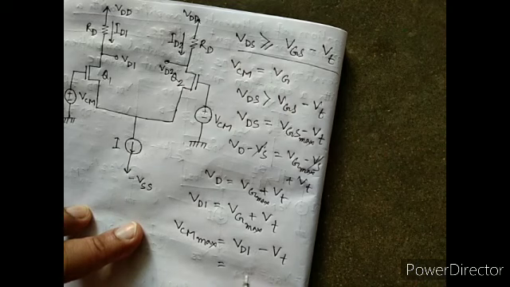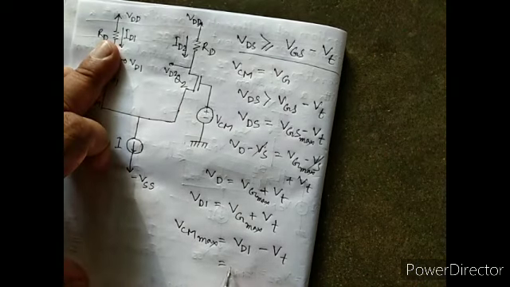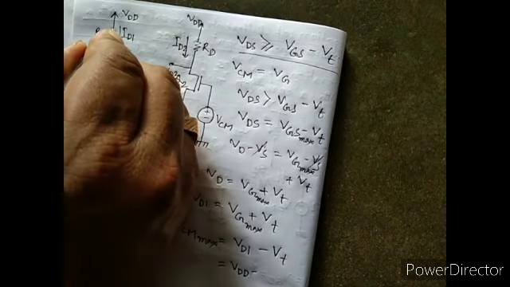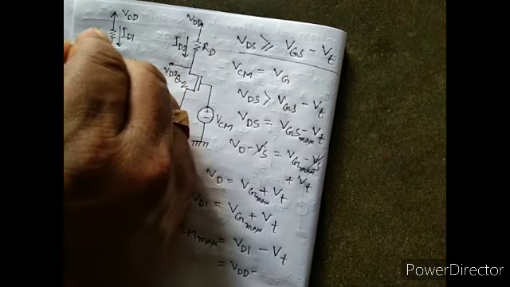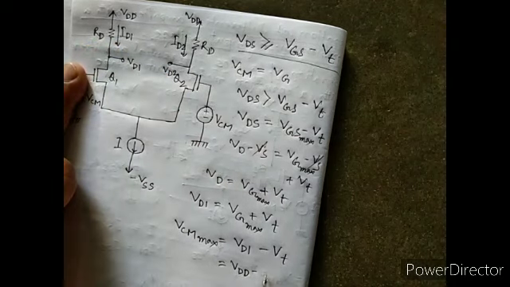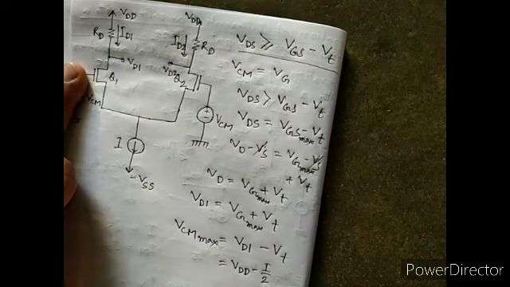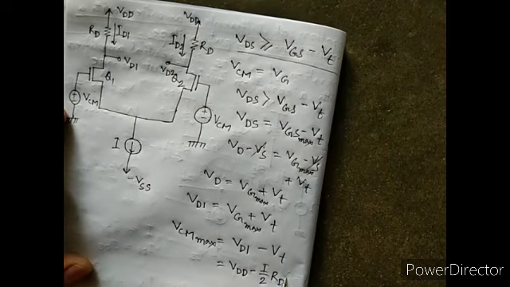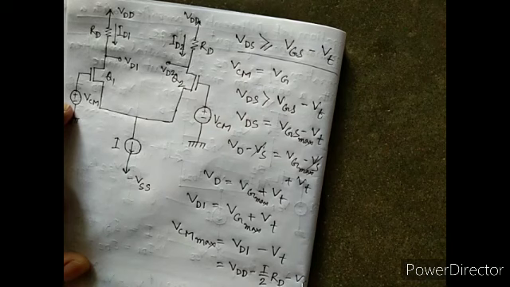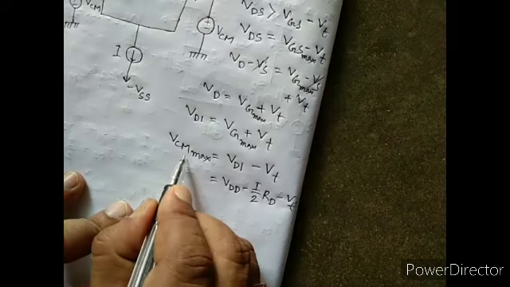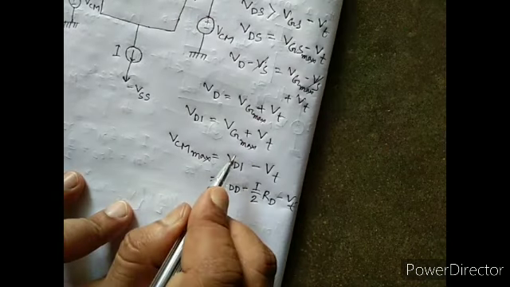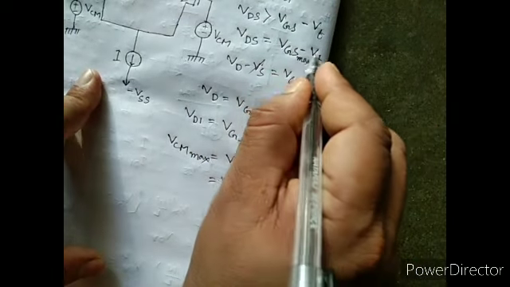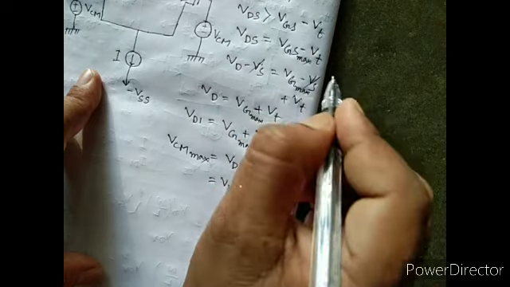We have seen that VD1 equals VDD minus the drop across this RD, that is I by 2 into RD, minus VT. Okay, sorry, this is VGS minus VT.